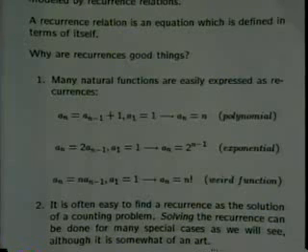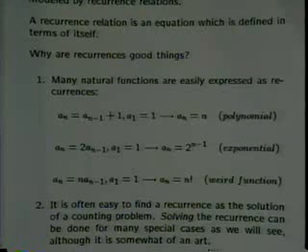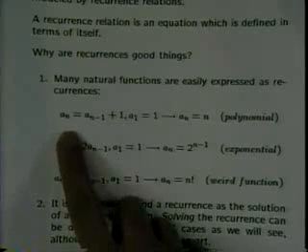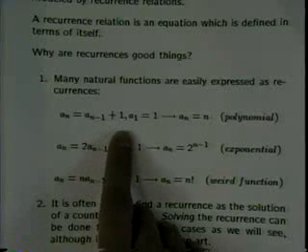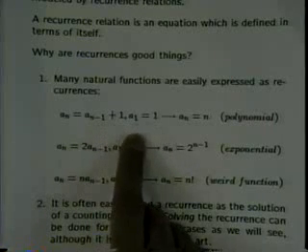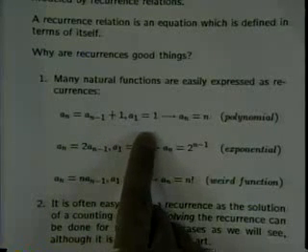Okay? And there are two reasons why in life in general recurrence relations are good things. The first is that a great many functions are naturally expressed as recurrence relations. So for example, let's consider the recurrence relation a sub n equals a sub n minus 1 plus 1, with an initial condition of a sub 1 equal to 1.